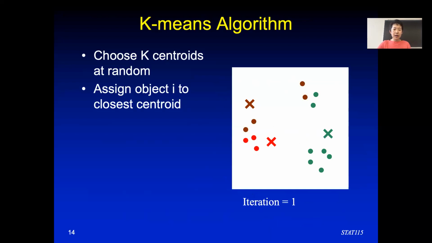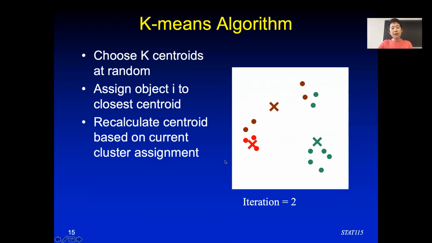And so you can see these 2 points are assigned brown. And these points, even though they are pretty far, are still closer to this brown cluster than the green cluster. And so on. So you assign each of the genes to its current closest cluster center.